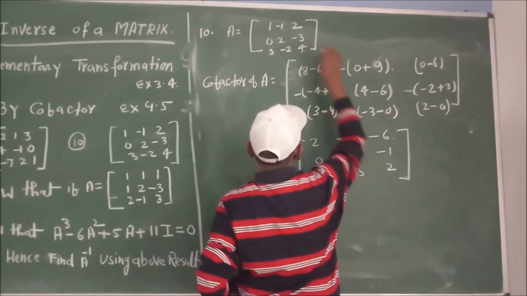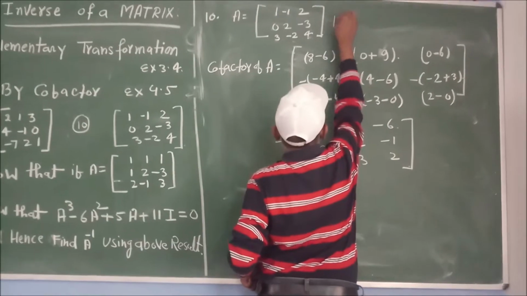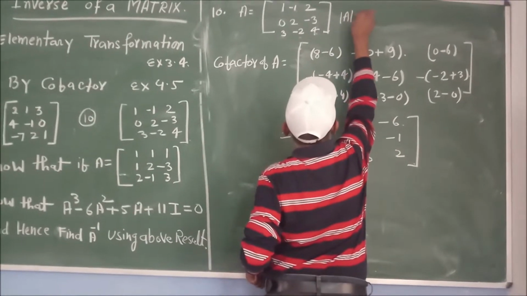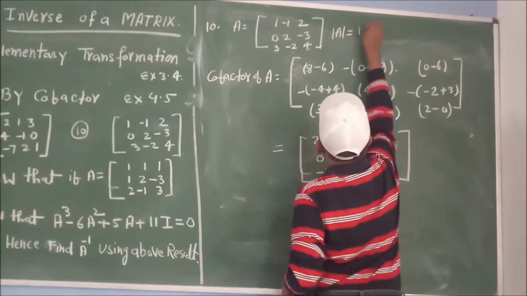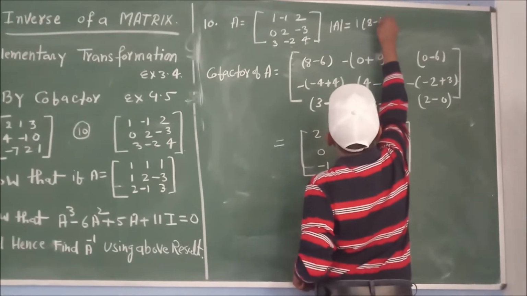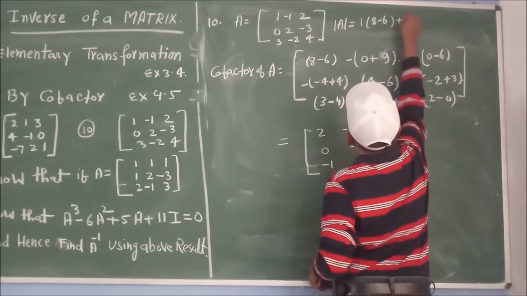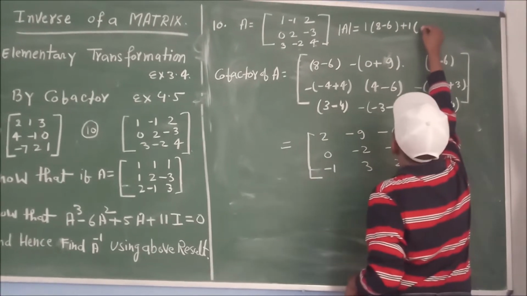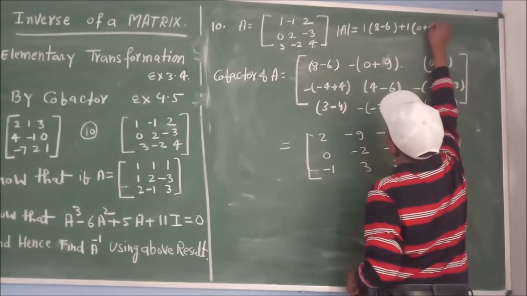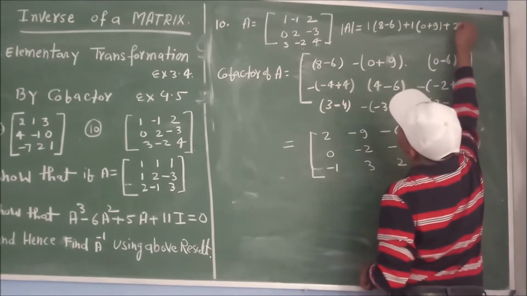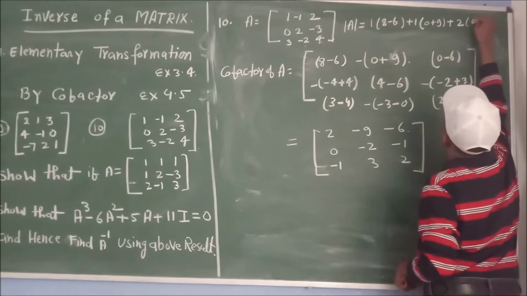Again, before finding the cofactor, first you calculate the determinant of it. So this will equal 1 into 8 minus 6 plus 1 into 0 plus 9 plus 2 into 0 minus 6.